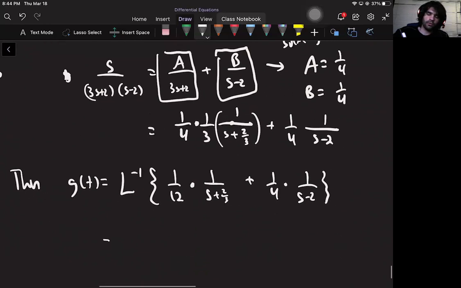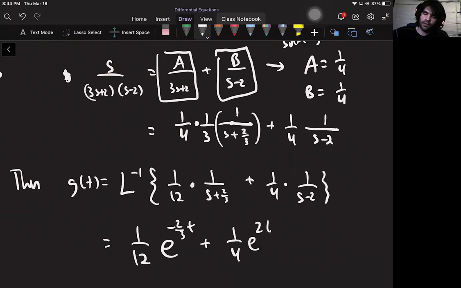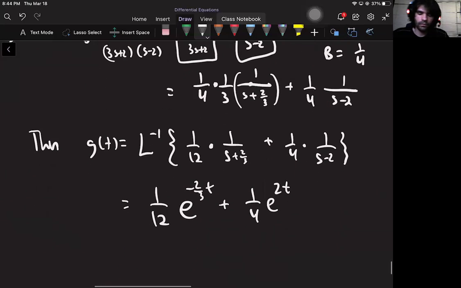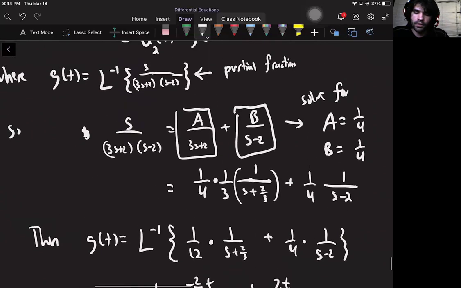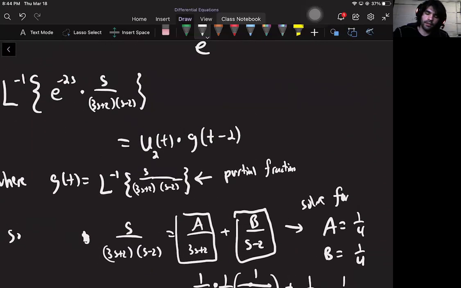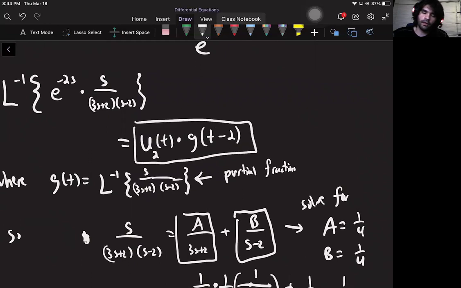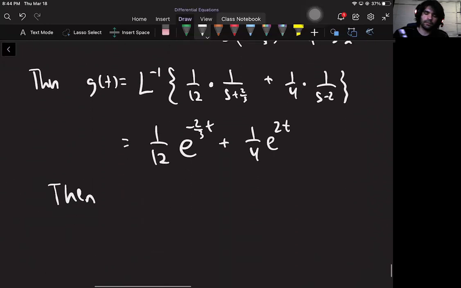So the inverse Laplace transform is 1/12 e to the negative 2 over 3 t plus 1 over 4 e to the 2t. So now I know my g of t. I can go back and plug in t minus 2 and multiply it to here, and that's the answer.